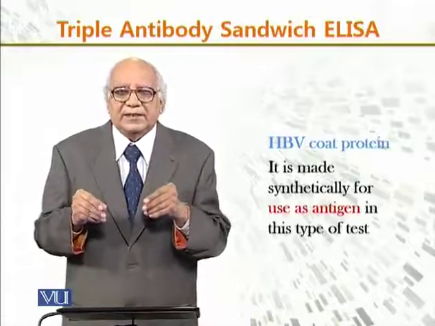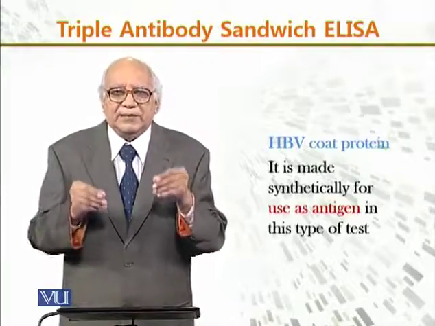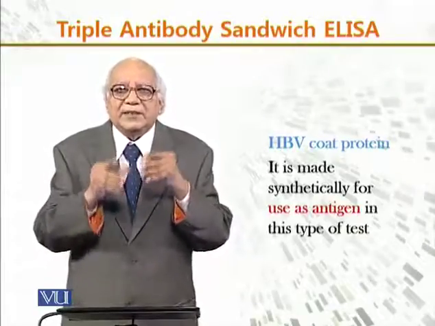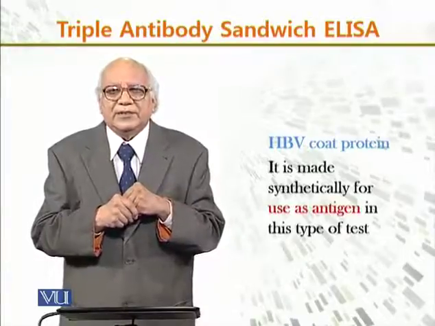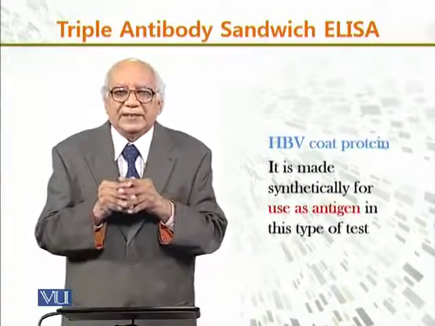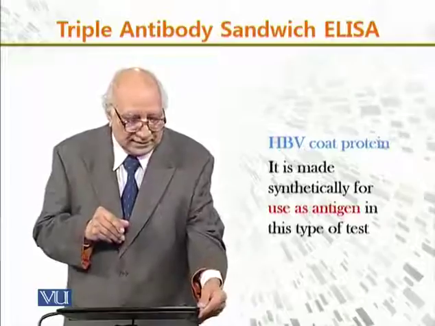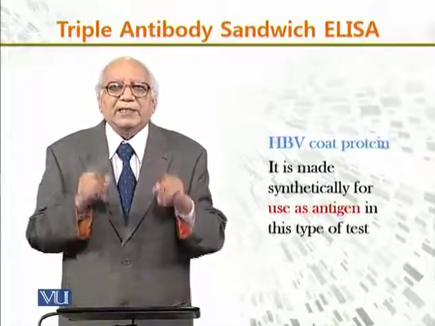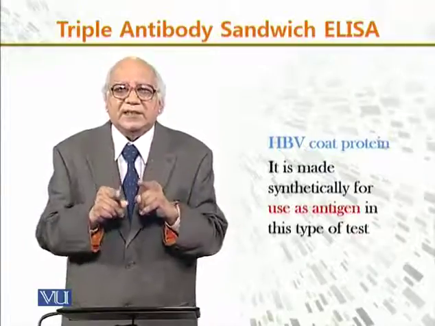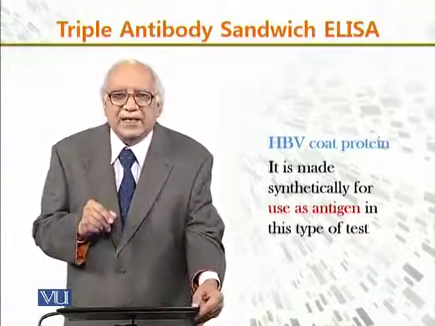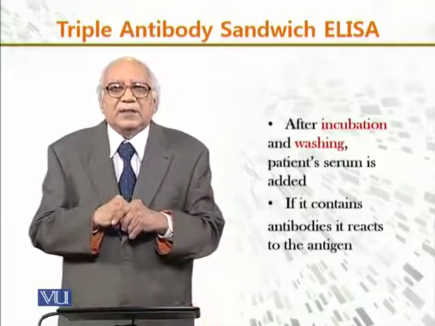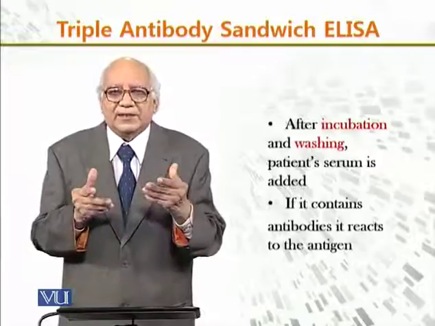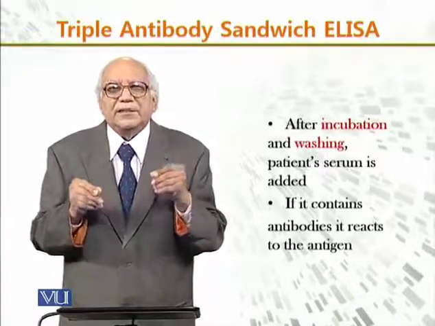So the HBV coat protein which is present in the HBV virus is prepared synthetically and is used for the test. Why? Because the live virus cannot be used in this test; rather the synthetic antigen is used. Now after incubation and washing, the patient's serum is added.